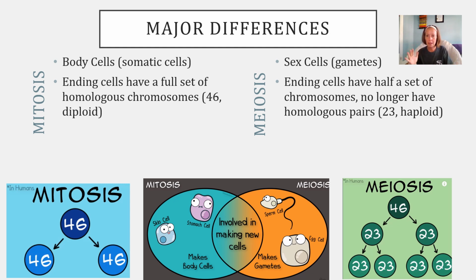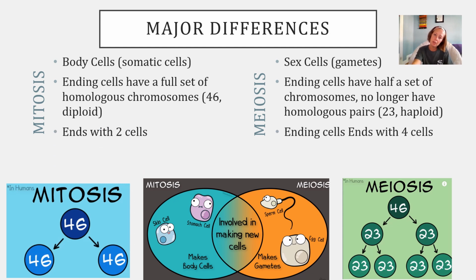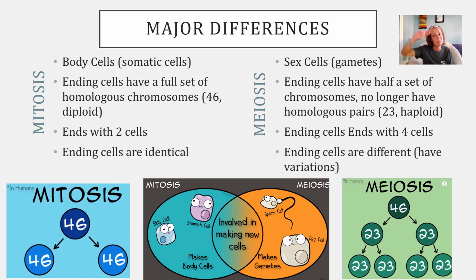You'll have a haploid number, 23 chromosomes, or N. In mitosis, you end with 2 cells. In meiosis, you end with 4 cells, because we're going to go through that division once and then twice. And in mitosis, all of the cells are identical in the end. In meiosis, the cells end up with variation. Each cell is going to be slightly different from the next.